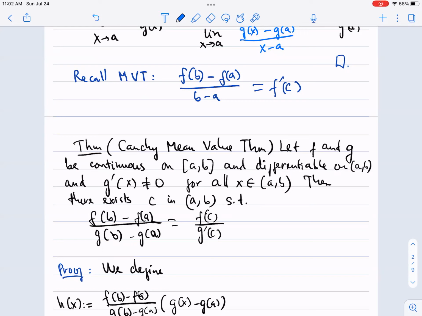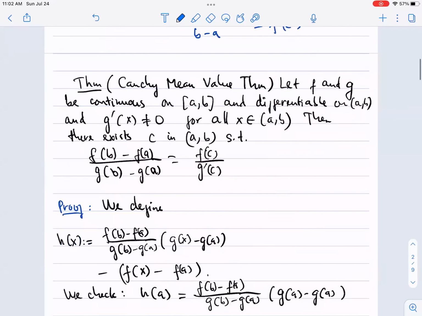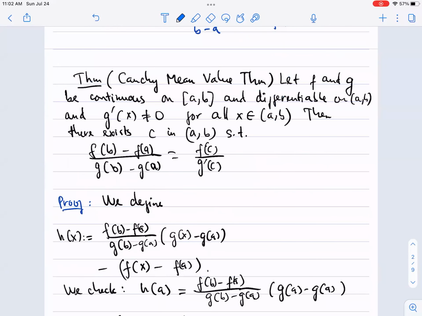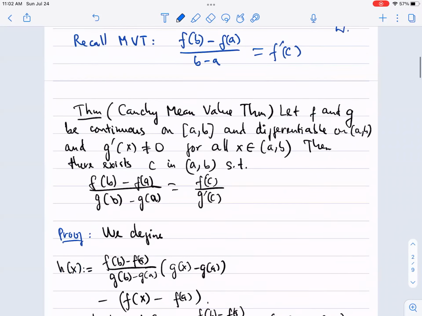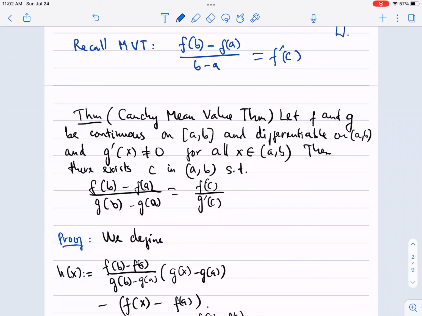Of course, there's some condition to make it work, but this is the main equation associated with the mean value theorem. Now, the Cauchy mean value theorem basically generalizes that statement for two functions.